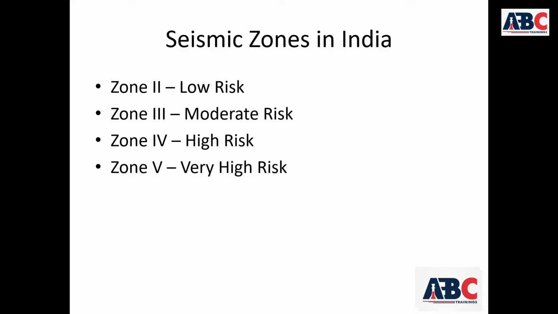Zone 4, high risk zone. Zone 4 is categorized as a high seismic zone. Strong earthquakes are expected, with high potential for structural damage. Compliance with IS 1893 and IS 13920 is essential.